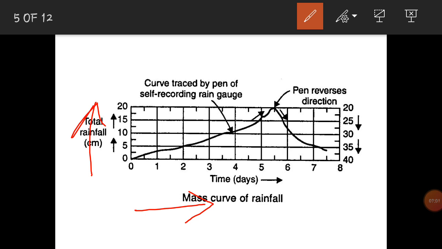So a mass plot is a plot of the cumulative value of a variable as a function of time.